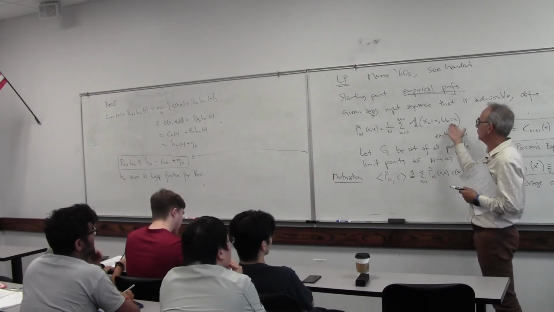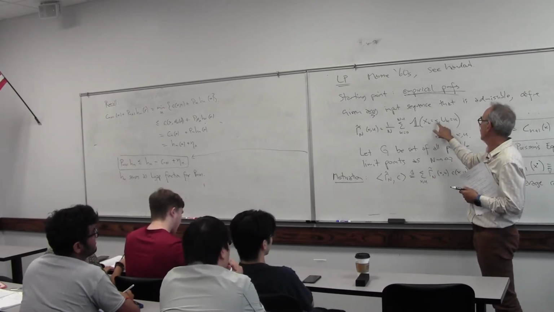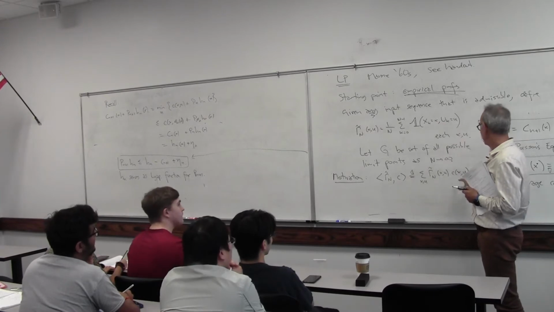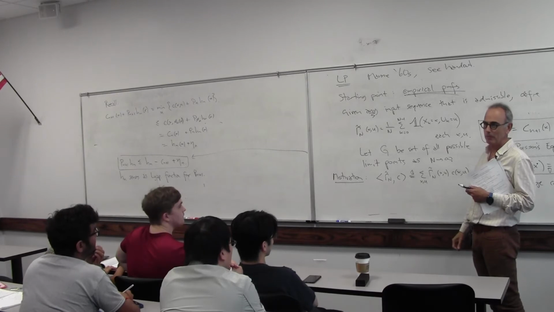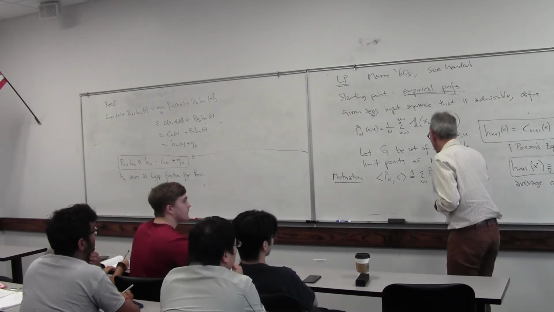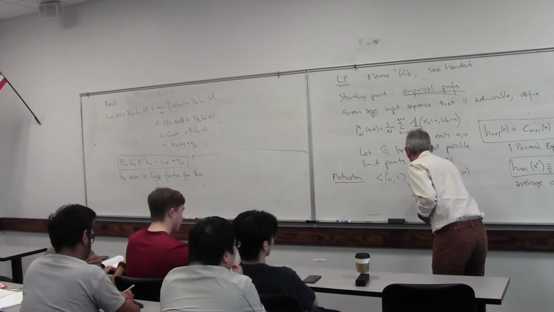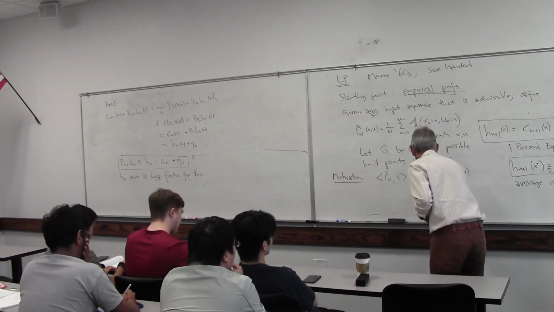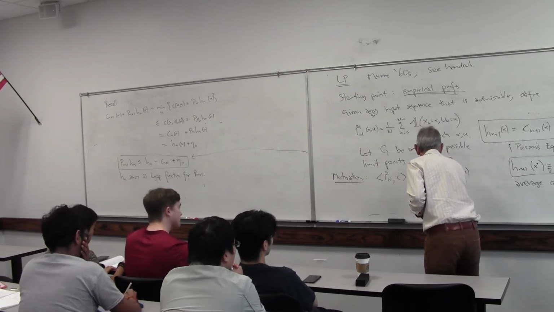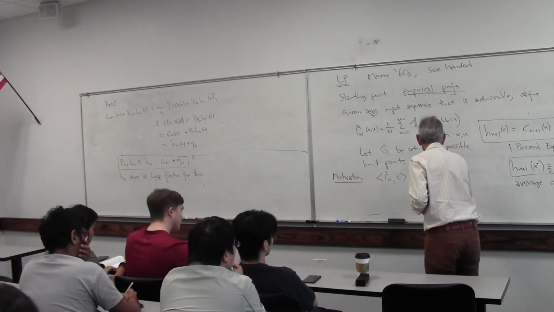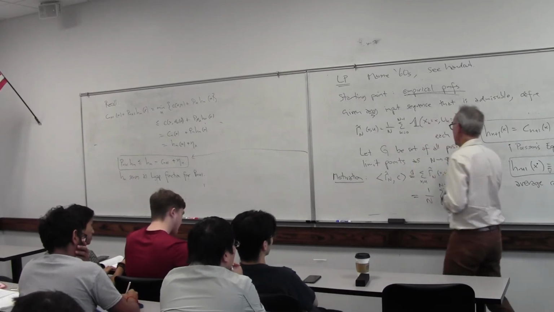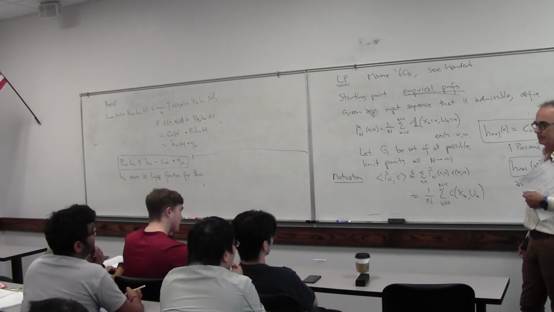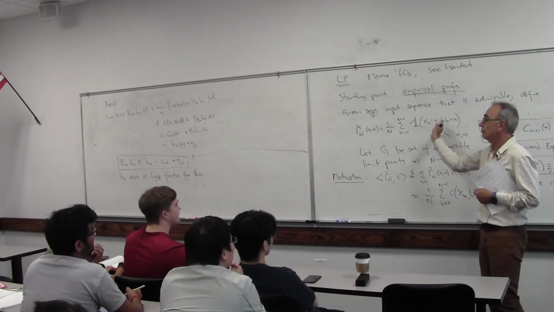Here I'm looking at the fraction of times that I saw a particular x and u, and I take C of xu times the fraction of times I saw that pair. So this is exactly 1 over n, summation k equals 0 to n minus 1, of C of x_k u_k. Think it over. It's just bookkeeping, or a change of summation.